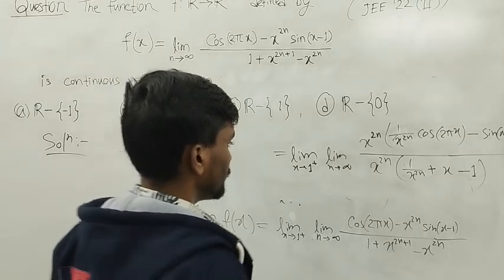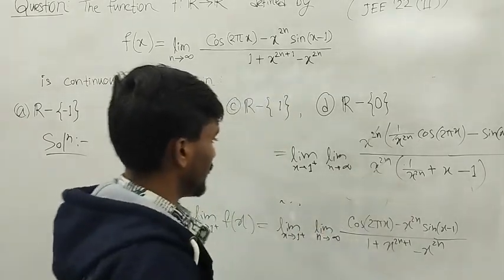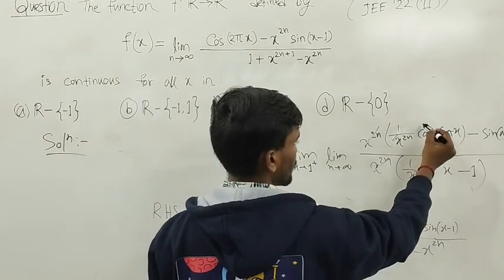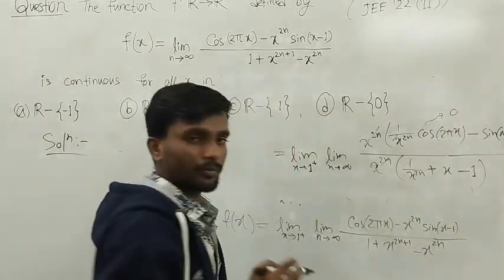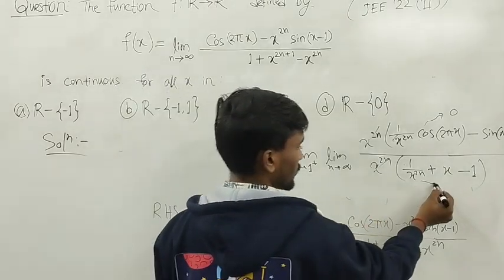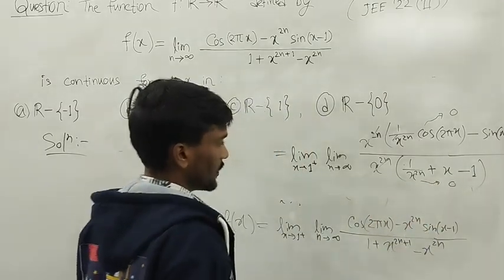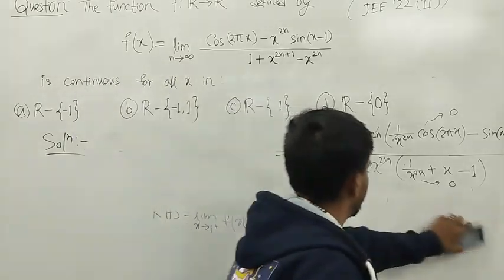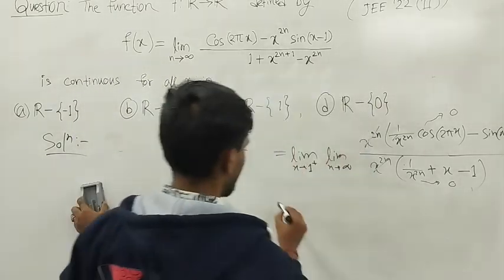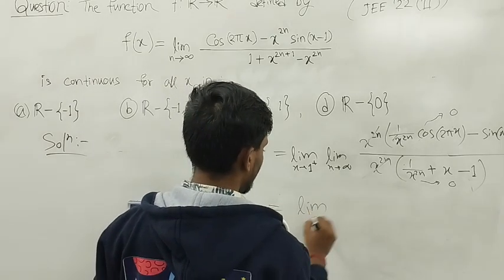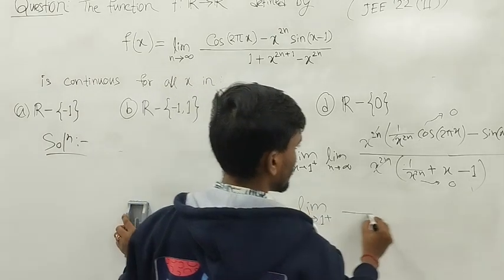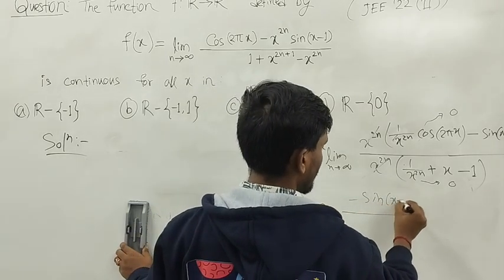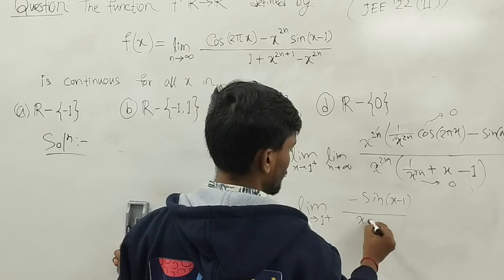Now as n tends to infinity, this term will tend to 0, this term will tend to 0, so we are left with this one. That means we are left with minus sine x minus 1 over x minus 1.